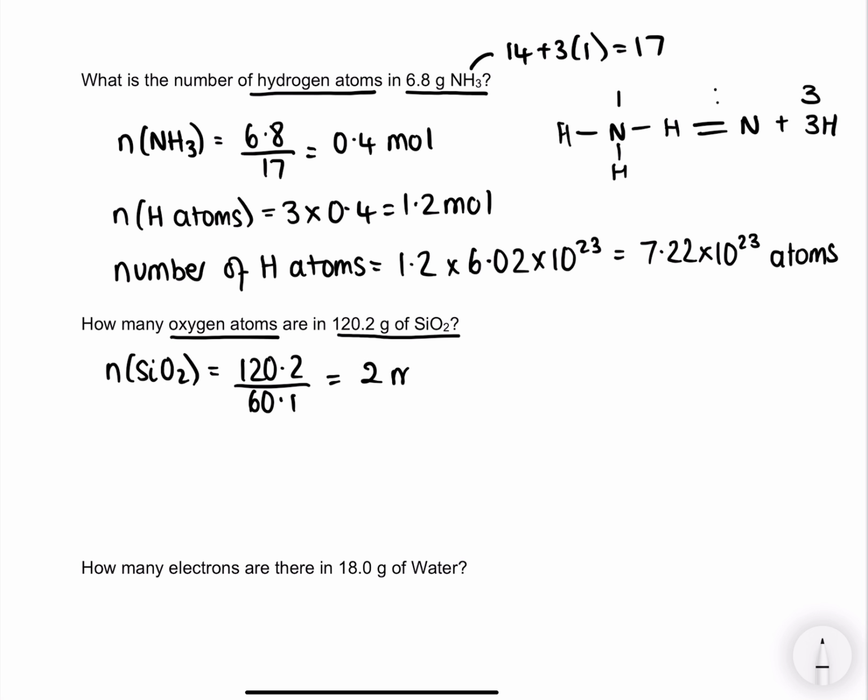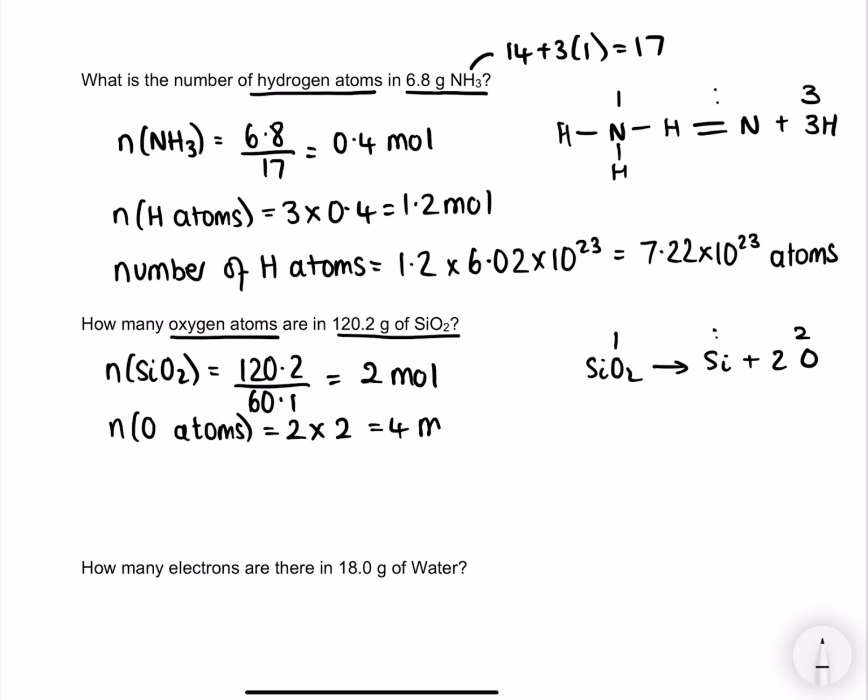So that's 2 moles. And in silicon dioxide, we can see that that splits up to give us 1 silicon and 2 oxygen atoms. So one of these makes 2 moles of oxygen atoms. So the number of O atoms equals 2 times 2, which is 4 moles.